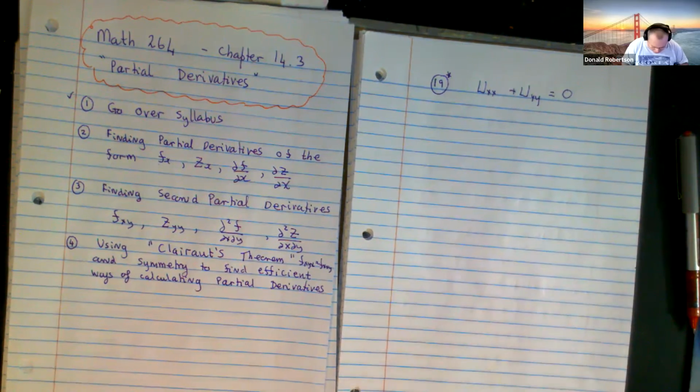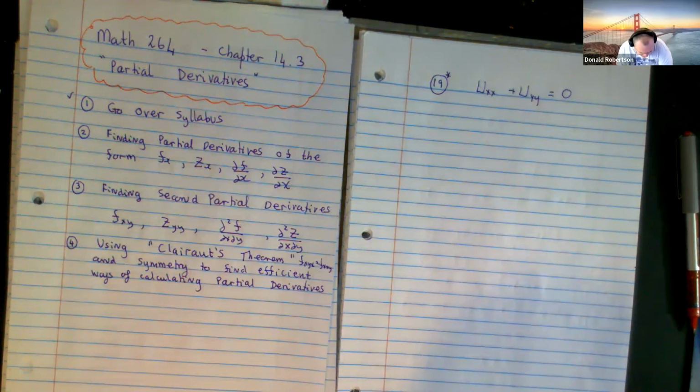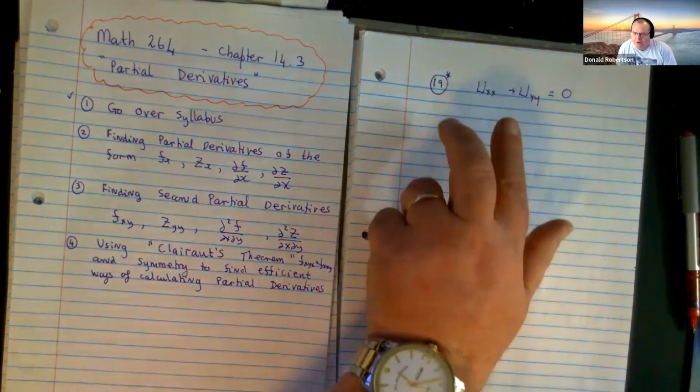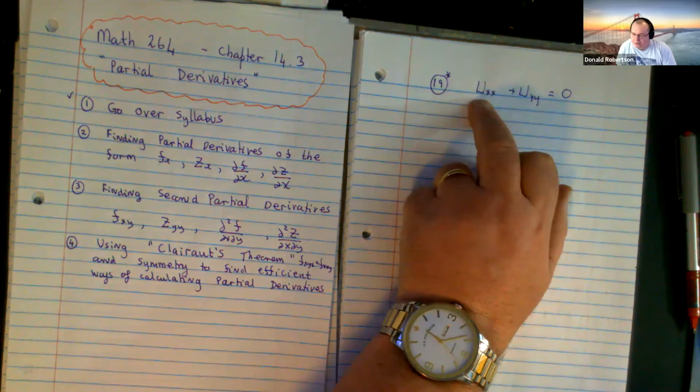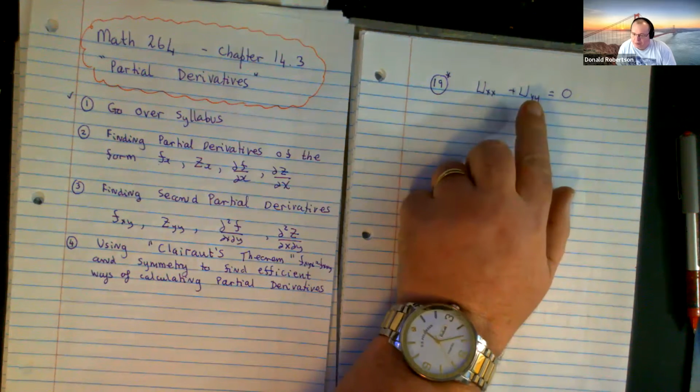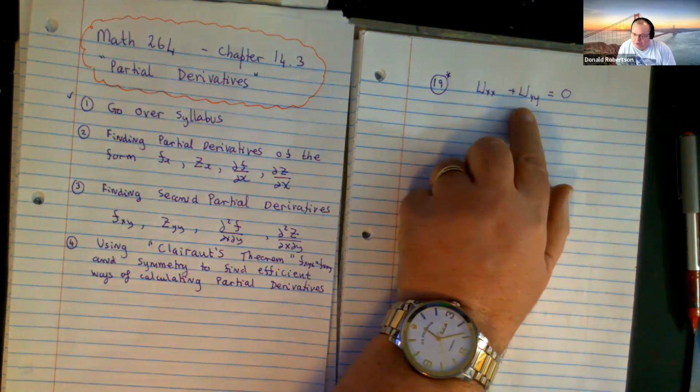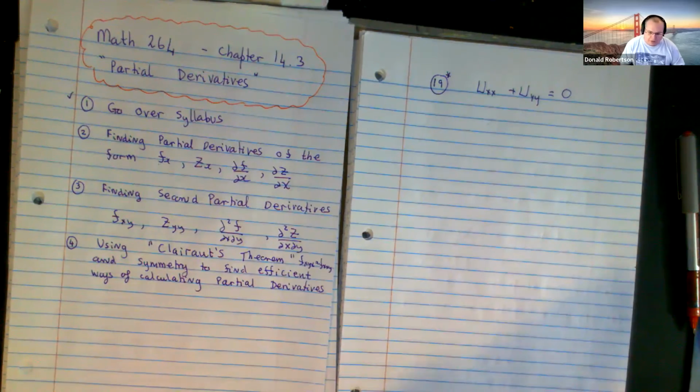Yes, it's called Laplace's equation. And it's used in wave theory, I believe, and heat flow. So if you can find a function where this partial derivative equation is true, so the second derivative with respect to x plus the second derivative with respect to y equals 0, you've got a solution to what's called Laplace's equation.